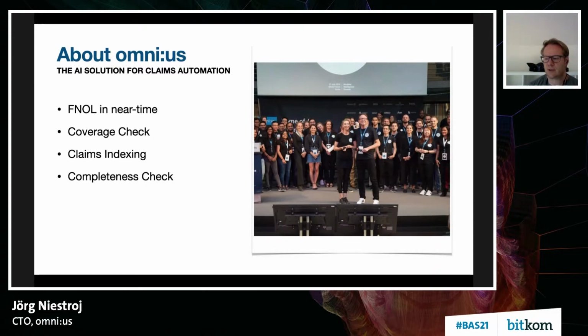And our solutions can be used, for example, in an FNOL solution, where the insurance customer uses an app to file a claim, and we directly can check the policy and check the coverage and do that completeness check based on invoices or on offers from the customer.